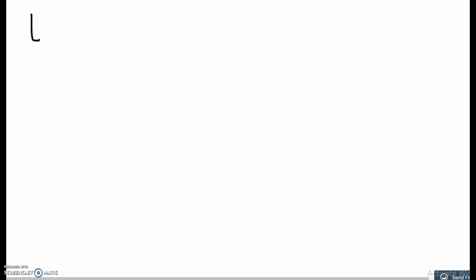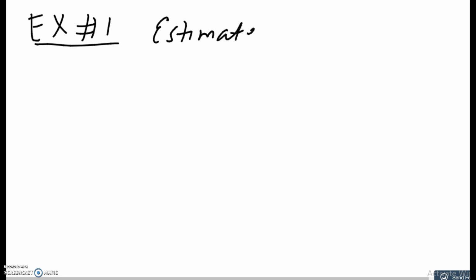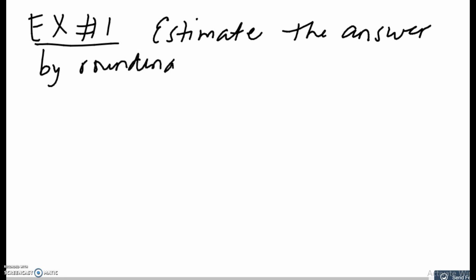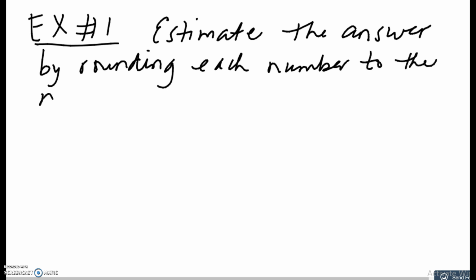So in our first example, we want to estimate the answer by rounding each number to the nearest 10.